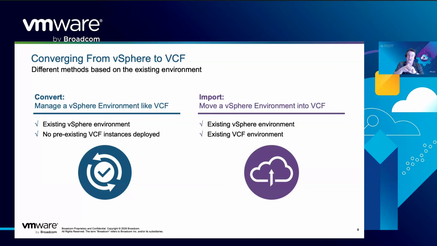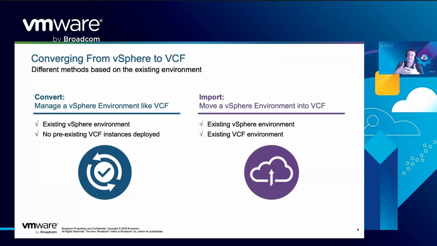If you don't have VCF operations, it's going to add operations. And most importantly, if you don't have it, SDDC Manager, which is a part of your regular VCF install, it's going to get that installed and running. It's going to take an existing vSphere environment that you have and make that the primary management domain for a VCF instance.